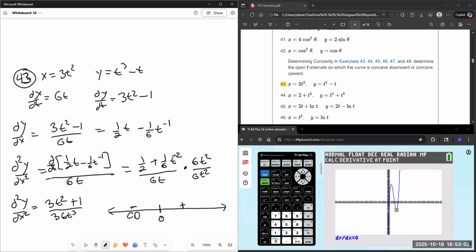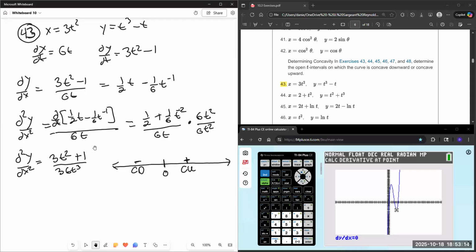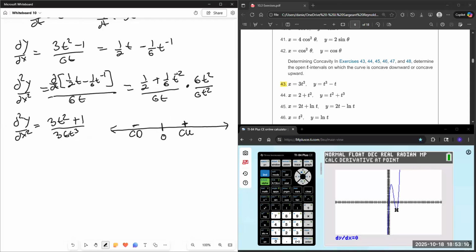And to the right, this is going to be a positive over a positive and will be concave up. At 0, I'm neither concave up nor concave down, so my intervals here are open. Concave down from negative infinity to 0, and concave up from 0 to infinity.